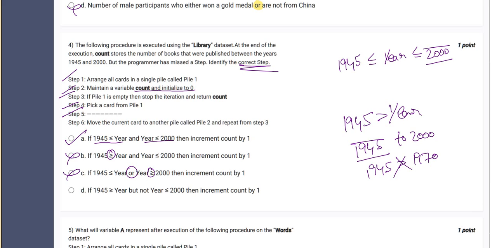Therefore C is also mistake. But not year. If you saw here, but not year less than 2000. Definitely 1945 it is less than 2000, but here they're telling but not less than 2000. Therefore this is also a mistake. In such way, by elimination process, option A is correct.